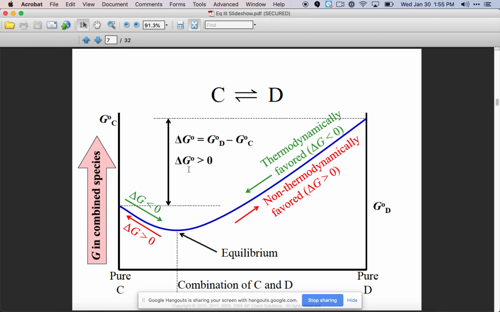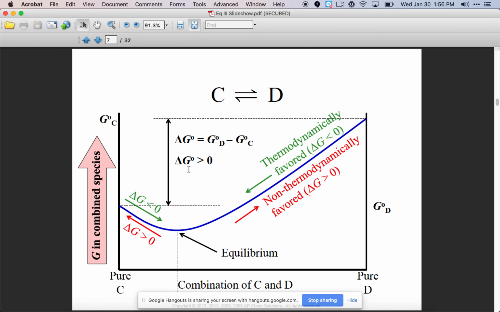Yep. Wait, so C is the products? D is the product. If you have pure D, it's not going to stay pure D because it's thermodynamically favored to go into C. We're starting with D and becoming C because that is thermodynamically favored.